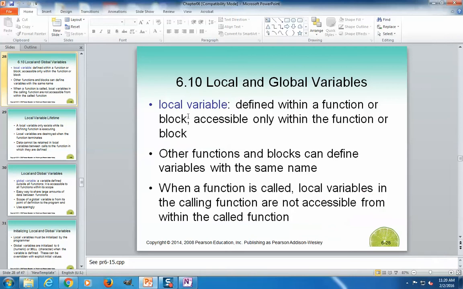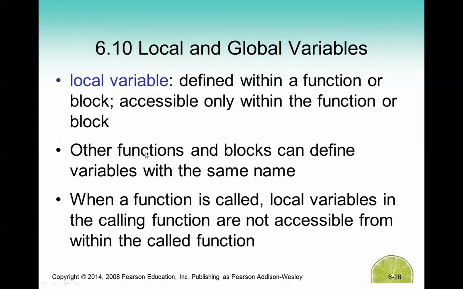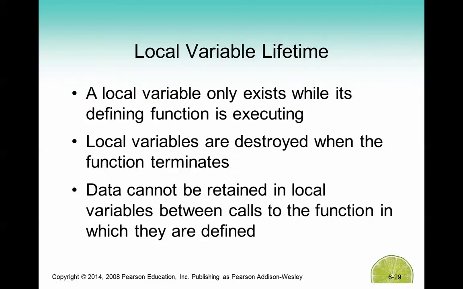So let's see the information that we have here. Other functions and blocks can define variables with the same name. We already saw that, right? When a function is called, local variables in the calling function are not accessible from within the called function. We already saw that. We have 3 different x's, and each one belongs where it was created. A local variable only exists while its defining function is executing.